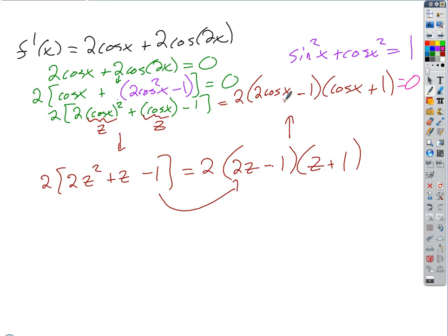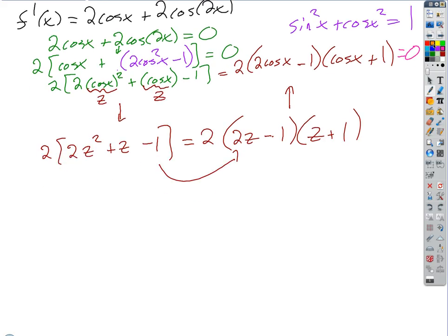Would you agree that the first factor is going to equal 0 when 2 cosine x equals 1? Right? So then, let's kind of color code this. So this one is right here. So there's one solution, right? Here's the other solution, or cosine x equals -1, right?